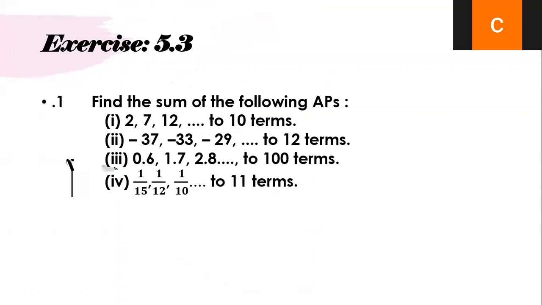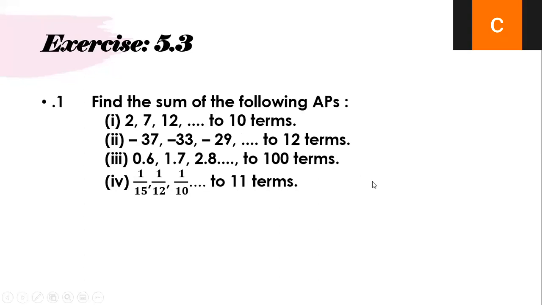I asked you to do all these sums yesterday. Here they gave 3 things. What's the first term? A value 2. D value, 7 minus 2, it is 5. The common difference is 5. And what is n? 10. Here a, d and n values they have given. We need to find the sum of all these 10 terms.